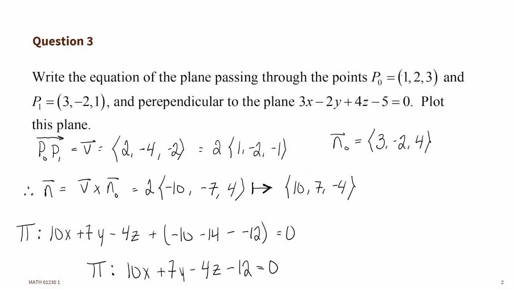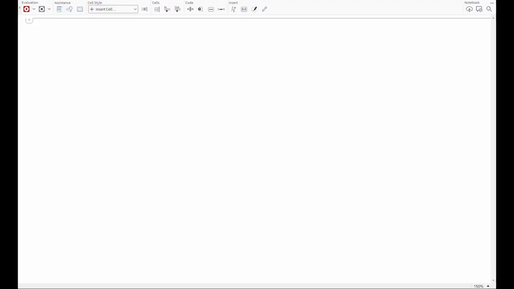So it'd be negative 10 times 1, minus 7 times 2, minus negative 4 times 3. 10x plus 7y minus 4z minus 12 equal to 0.